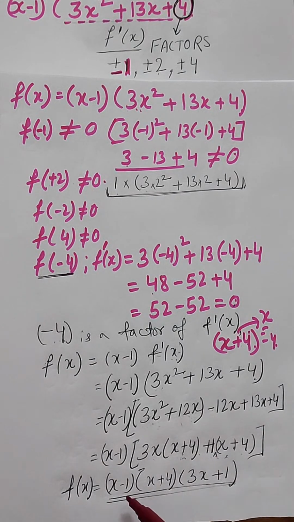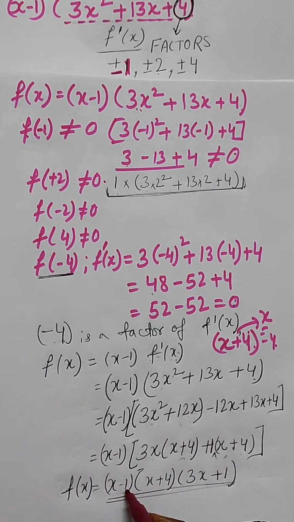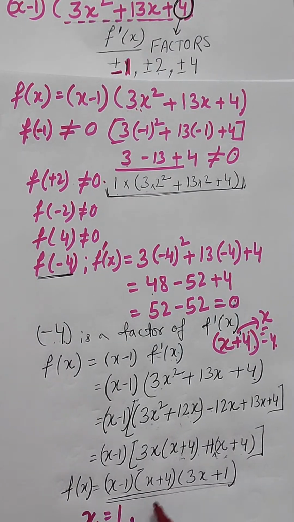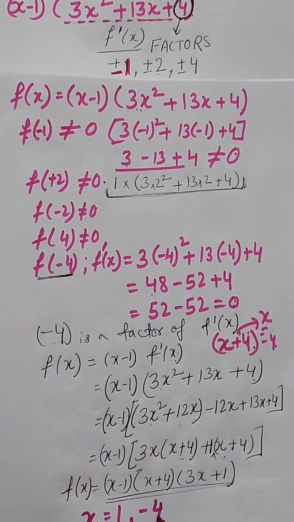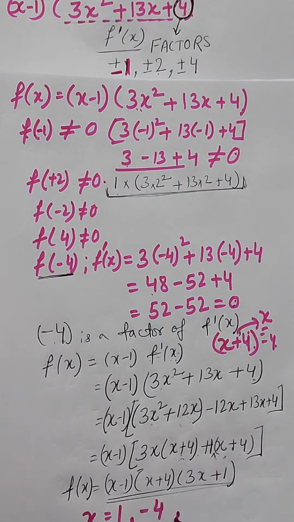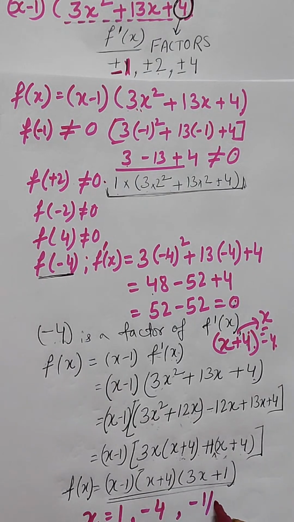The three zeros from here we can see. When x minus 1 is equated to 0, this will be x equal to 1. When x plus 4 is equated to 0, this will give you x equal to minus 4. And when 3x plus 1 is equated to 0, this will give you the value of x as minus 1 by 3.